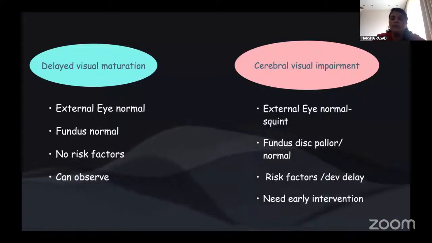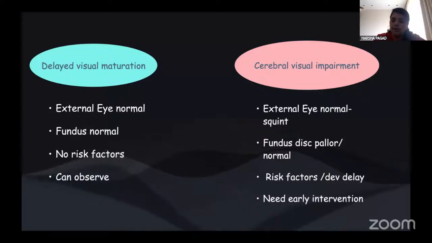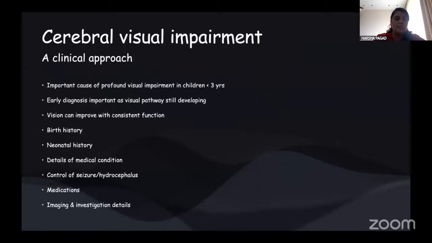The other entity which we are going to discuss is cerebral visual impairment, where the external eye examination can be normal or can have squint or a nystagmus. And the disc examination can show some pallor or it could be completely normal. And definitely these are the kids who have risk factors, developmental delay, and need early intervention.